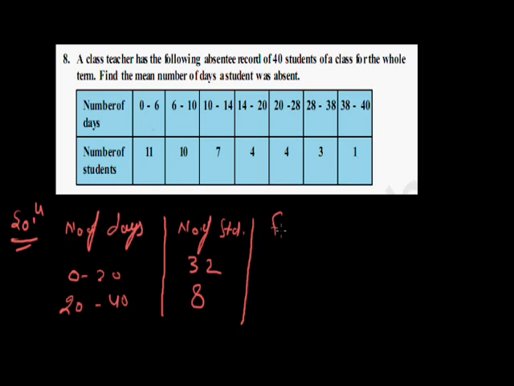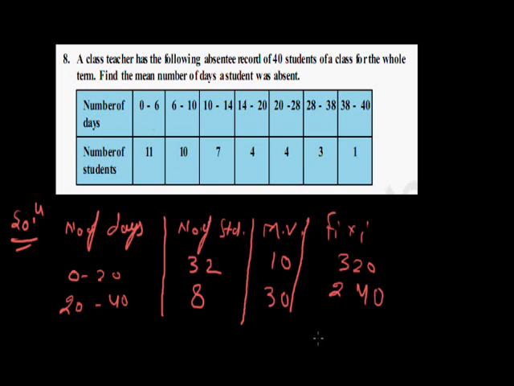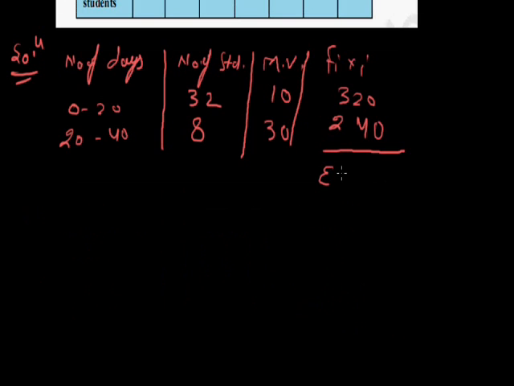Now find the fi. No, sorry, first of all find the mid value. Mid value is 10 and here is 30. Now after the mid value find the fi xi. Now this is 320 and the 240. Now summation fi xi is 560.